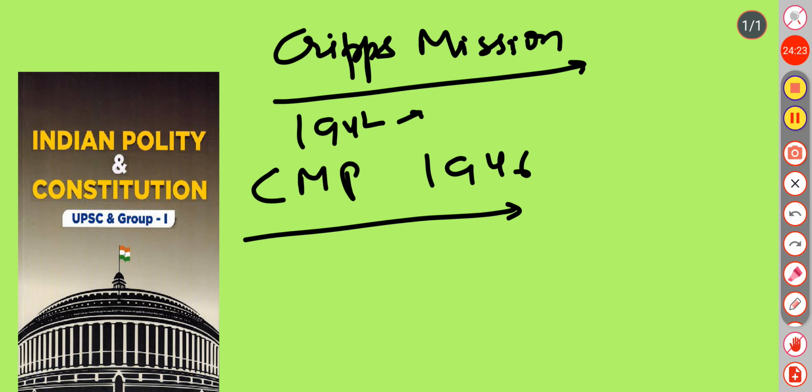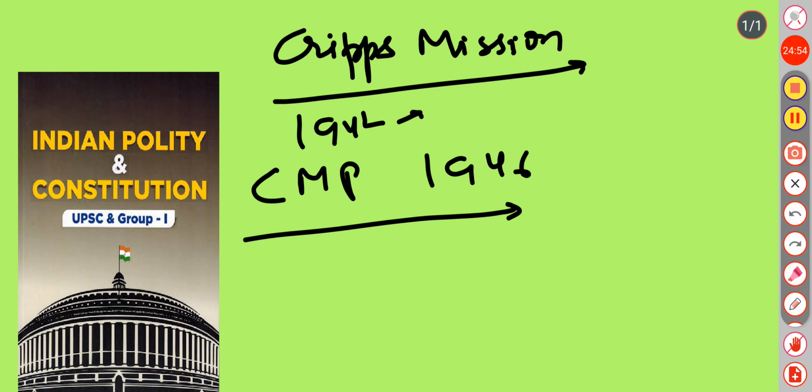The union was to have an executive and legislature consisting of representatives of the provinces and the states, right? The provinces could form groups with executive and legislative, and each could be competent to determine the provincial subjects, right? And India was divided into 3 groups of provinces: Group A, Group B, and Group C.